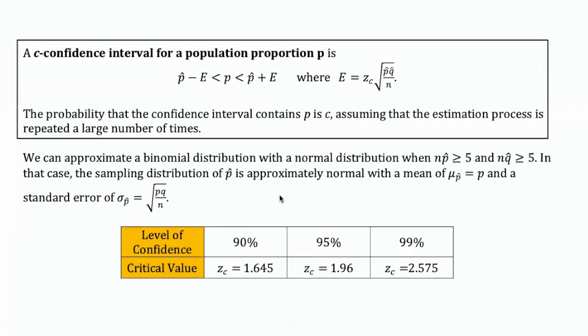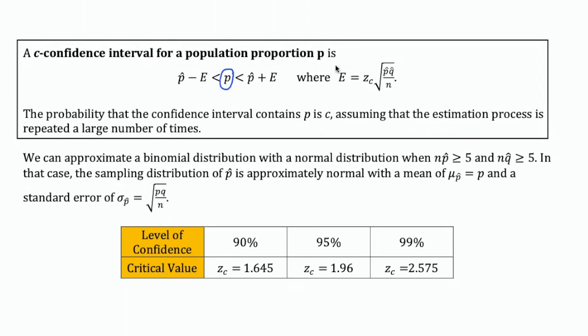Next, then, we're going to talk about how we form the confidence interval for a population proportion. So this is the first time, instead of having the population mean be in the center of our interval, we're looking at the population proportion. So we're going to take our point estimate and subtract the margin of error, and take our point estimate and add the margin of error to create the interval.